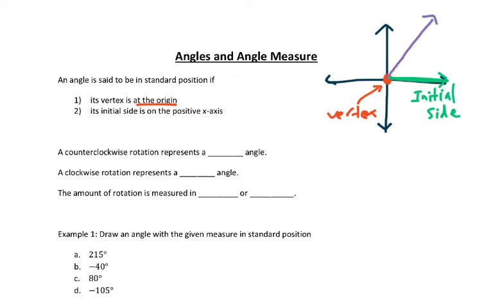So wherever our other ray is, this is called our terminal side. And this is where our angle ends. So this would be our angle. And a lot of times we denote the angle with the Greek letter theta, which is like a 0 with a line through it.